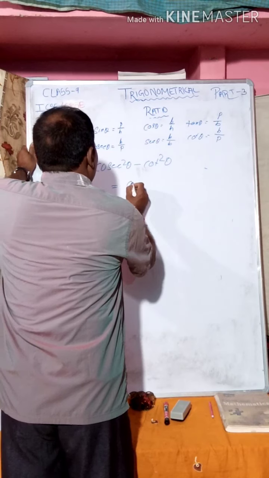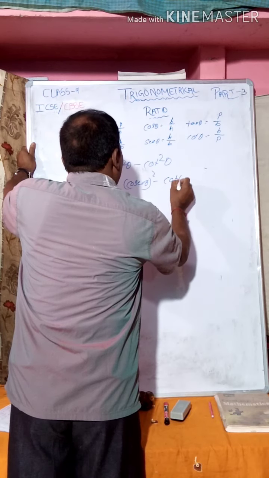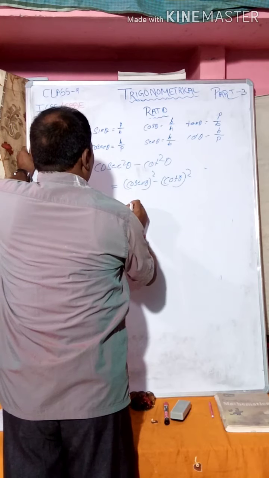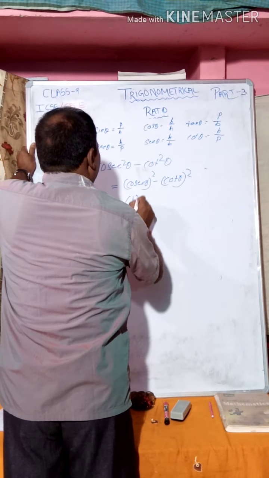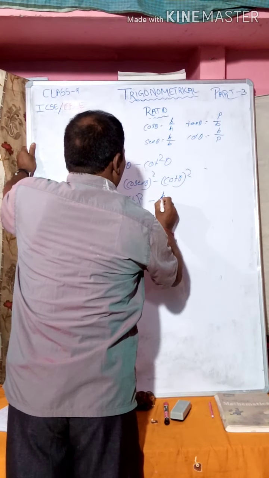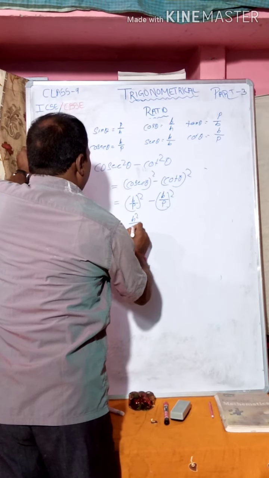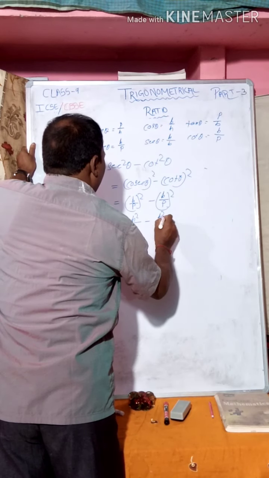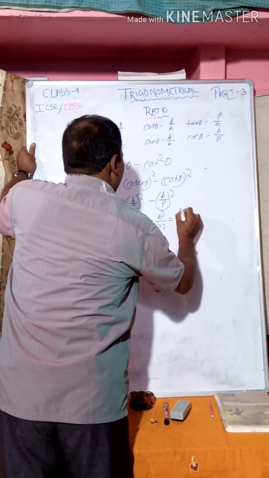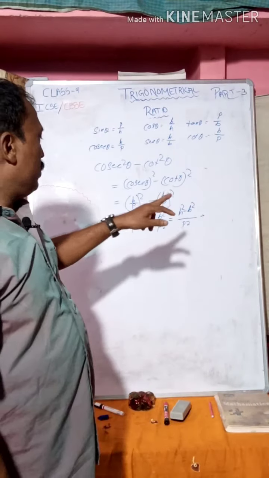So cosec theta whole square minus cot theta whole square, that is equal to, cosec theta is h by p, so h upon p whole square minus cot theta, b upon p whole square, that is equal to h square upon p square minus b square upon p square, that is equal to p square common, h square minus b square. h square minus b square is equal to p square.